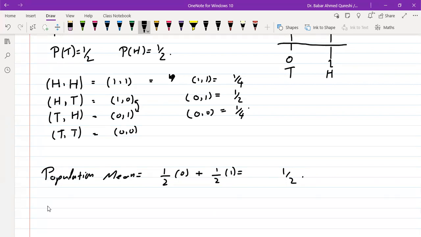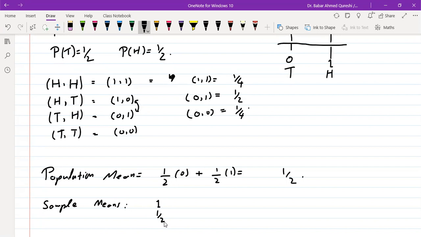And what are the possibilities of the sample mean of size 2? Sample means are 1 plus 1, 2 divided by 2, 1. 0 plus 1 divided by 2, because the sample size is 2, half.